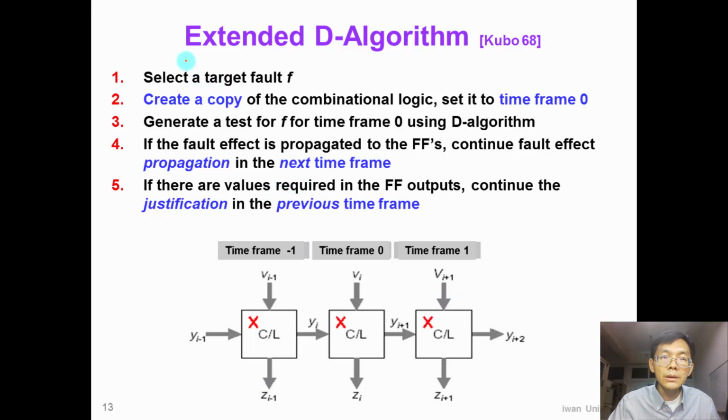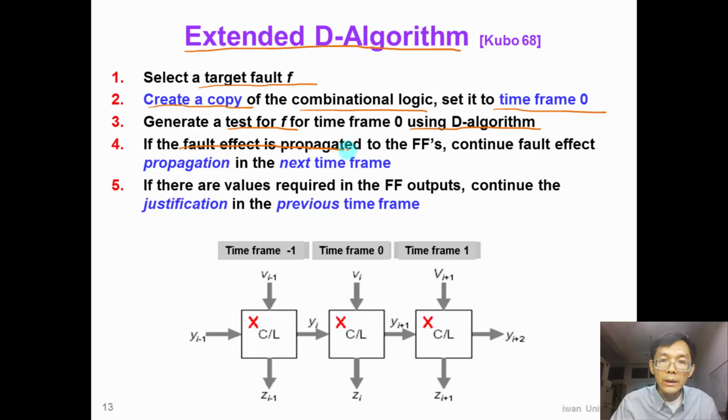The extended D algorithm is very simple. At the beginning, we select a target fault, and then we create a copy of the combinational logic. We set this to be time frame 0, and we generate a test for the fault in time frame 0 using the traditional D algorithm.